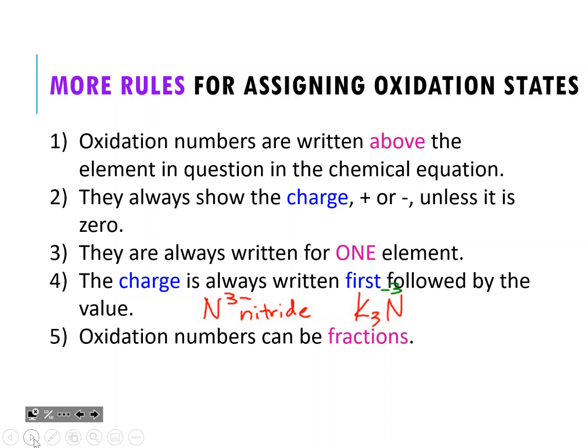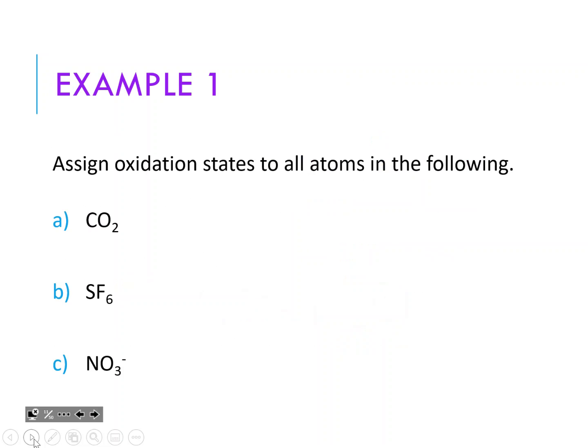All right, so let's try some examples here real quick. If I'm following my oxidation rules, assigning oxidation numbers, O in CO2 is going to get what? -2.